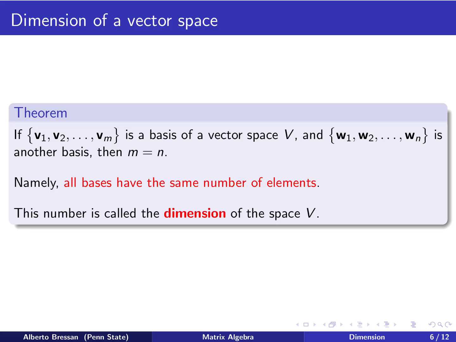So m must equal n. So, in other words, all bases of the same vector space will have the same number of elements. Therefore, the number of elements is a property of this vector space, and it is an important one. And therefore, we give a name, and we call this number the dimension of that vector space.